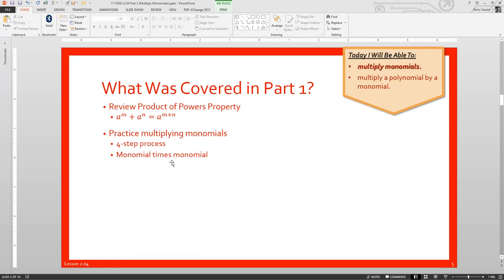So what we did in the first part when we were live was we did review that product of powers property, and we practiced multiplying monomials. And we broke it down into a 4-step process. Some of those steps can be skipped when we're more used to what's going on, but we were really talking about monomial times monomial. And we have one example of that left, and it actually deals with a rectangle.